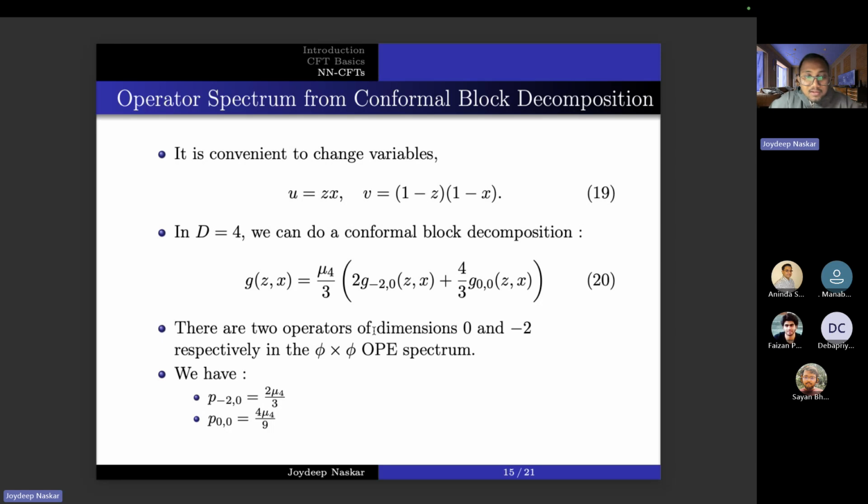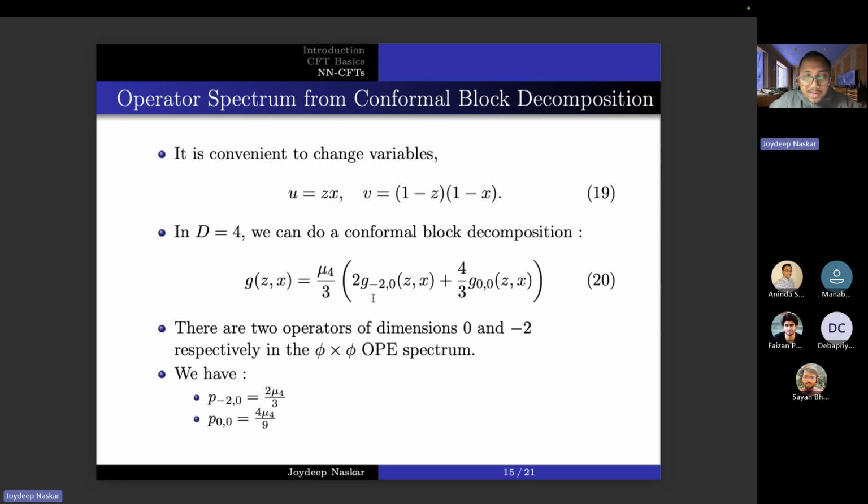Now the question is that the CBD tells you the spectrum. It tells you what operators, with what scaling dimension and spin, are there in the theory, but it doesn't tell you the ansatz for the operator. It doesn't tell you what the form of the field is, because in our work we started with the explicit form of the field. So we would like to know that.